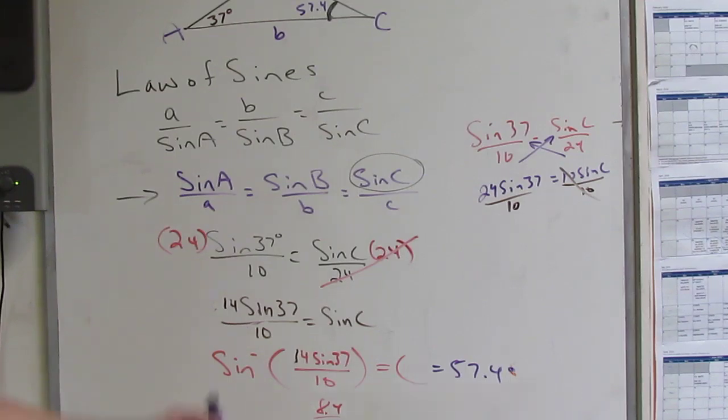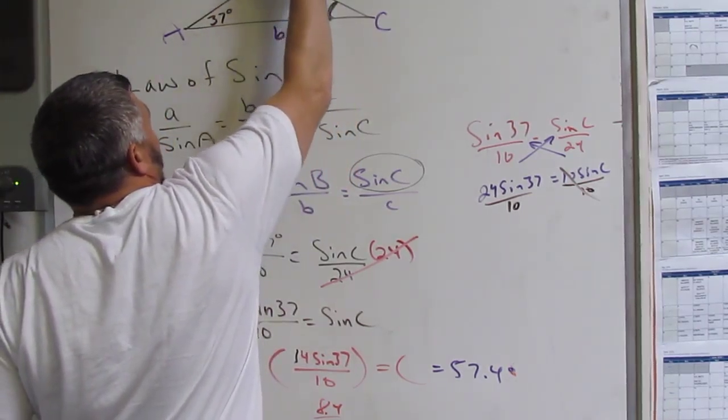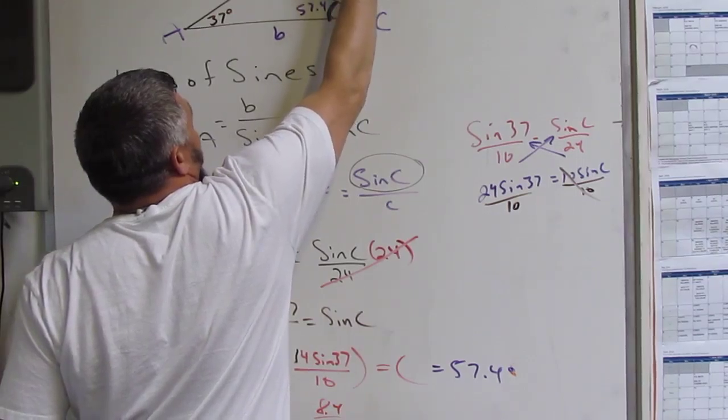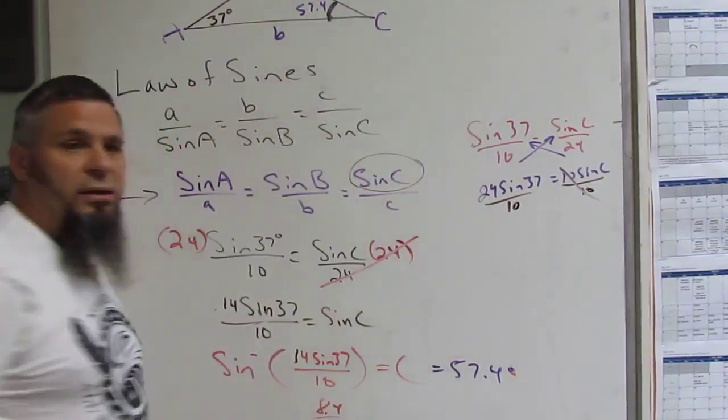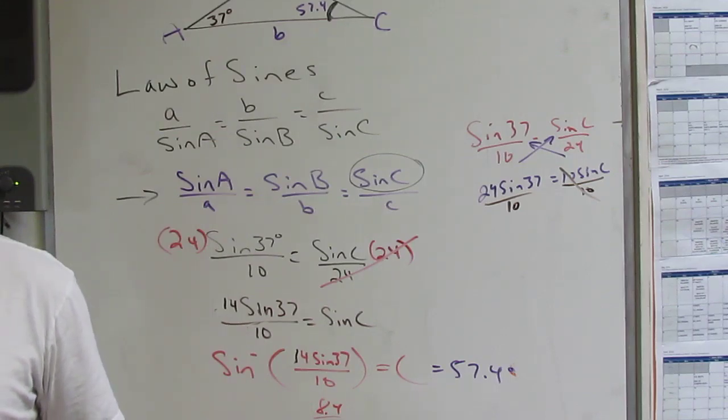Now, if I know that C is 57.4 degrees, do I know the B? Yeah, right? Because how can I find out B? 180 minus 37 plus 57.4, right? Because they have to add up to be 180 degrees, right?